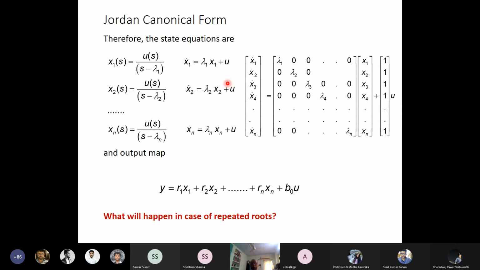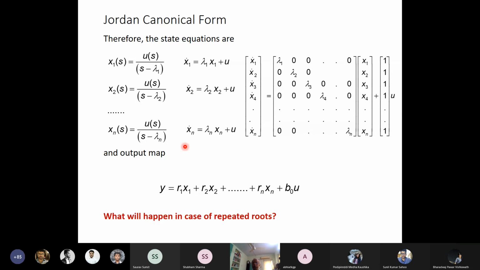So the states are basically non-interacting in nature. This state equation is dependent on x1, this one is dependent on x2, this one is dependent on xn only. This way, I have broken the system into n individual systems.